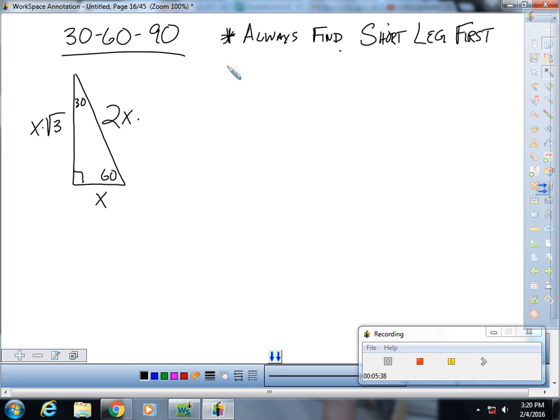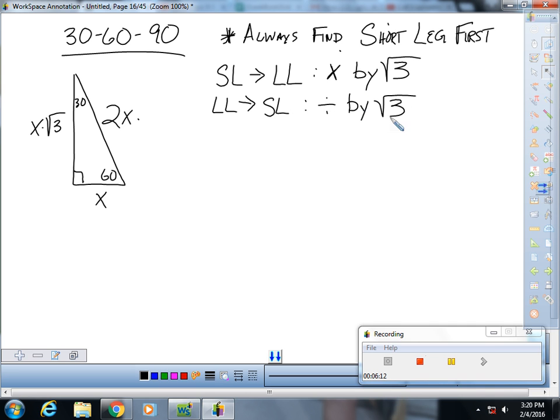Once we have the short leg, if we want to get to the long leg, are we getting bigger or smaller? Well, we're getting bigger, so we're going to multiply by what? Let's look at our little picture. We're going to multiply by radical 3. So that means if we have the long leg and we want to find the short leg, well, it's getting smaller, so we will divide by radical 3.